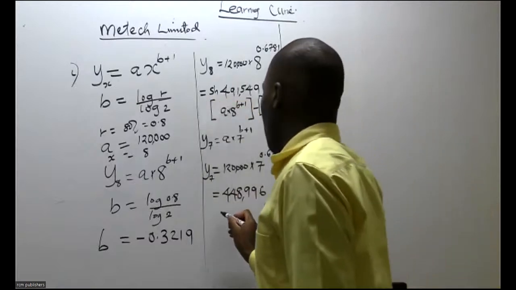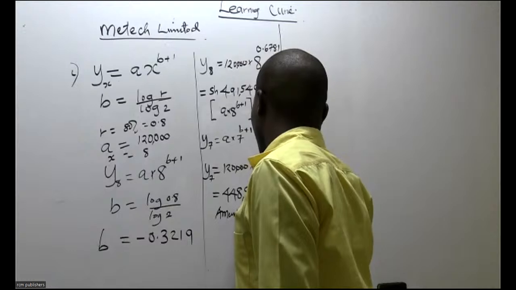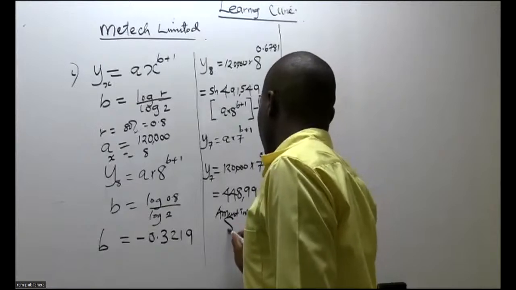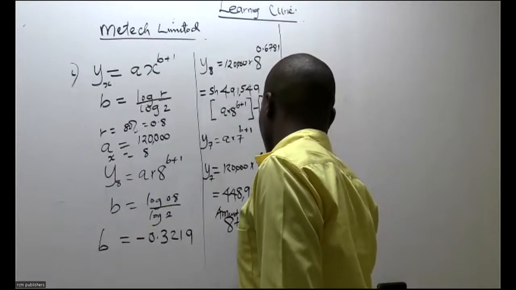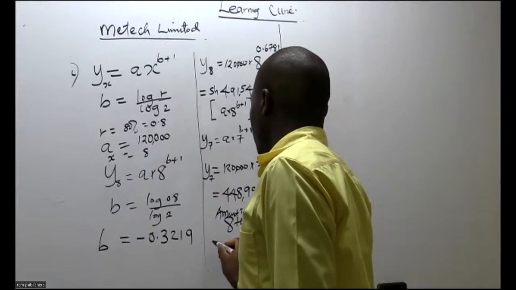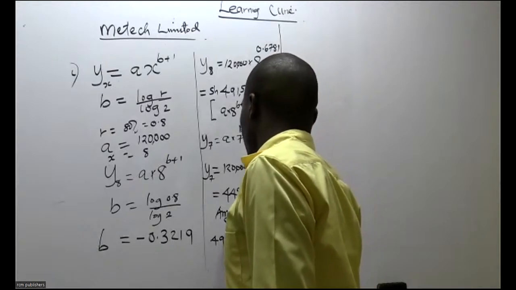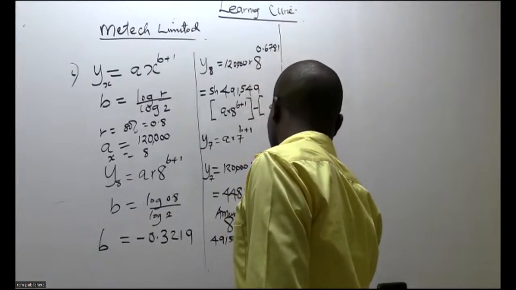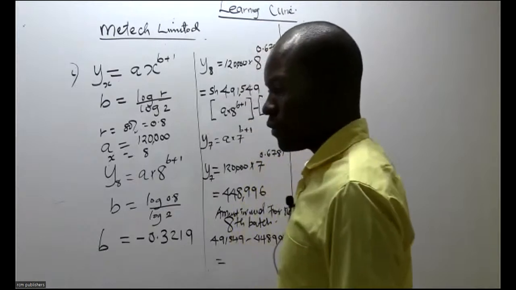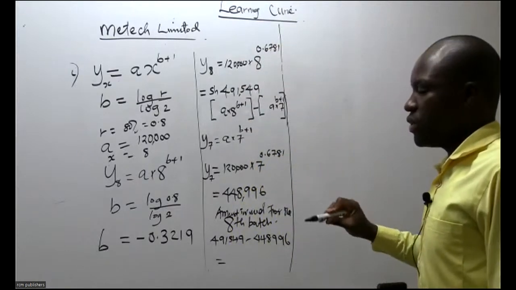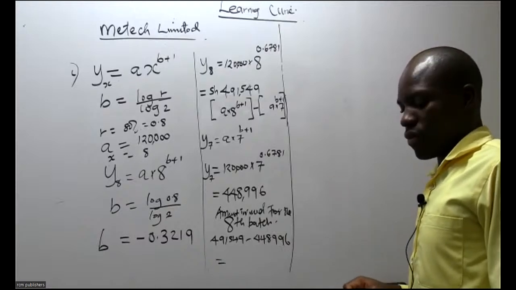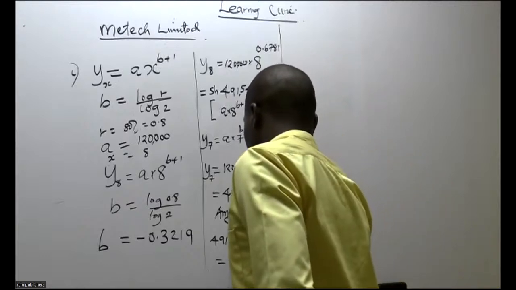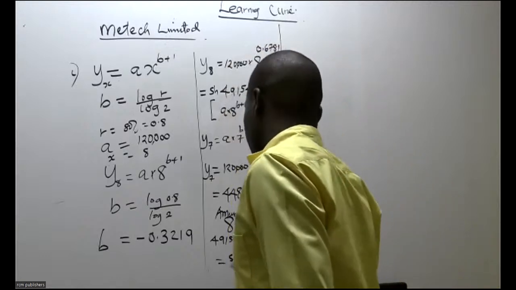So it means the amount incurred for the 8th batch is basically 491,549 less 448,996. So how much will you incur to produce the 8th batch? Shillings 42,553.